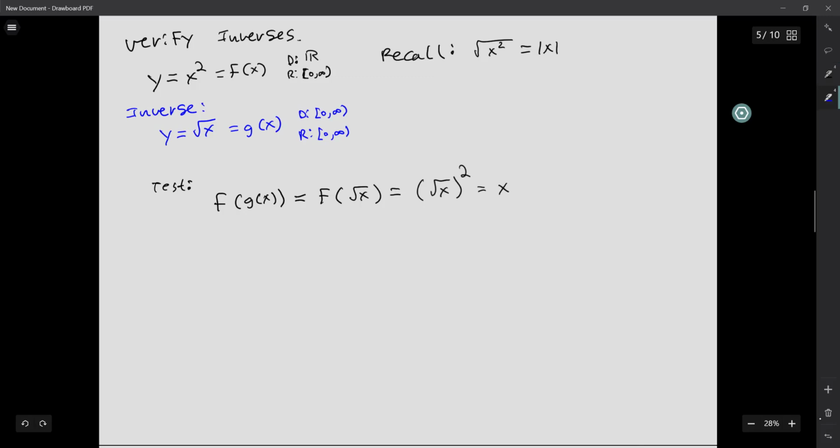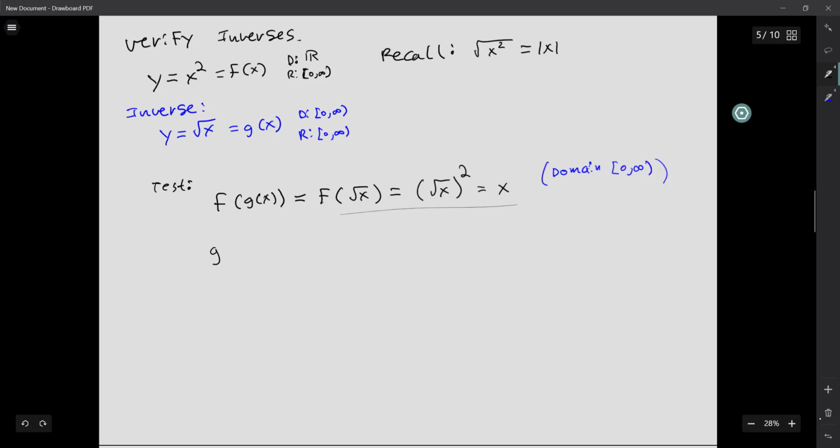But what we don't see happening here is that the domain of this is only 0 to infinity. So from this step, it looks like they're going to be inverses, but you always have to check both directions.